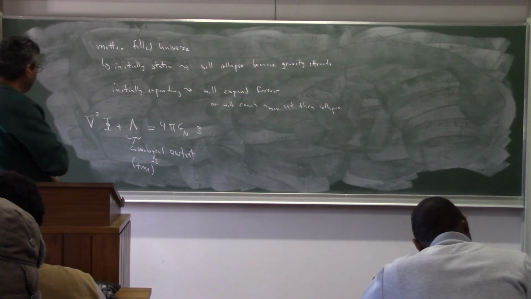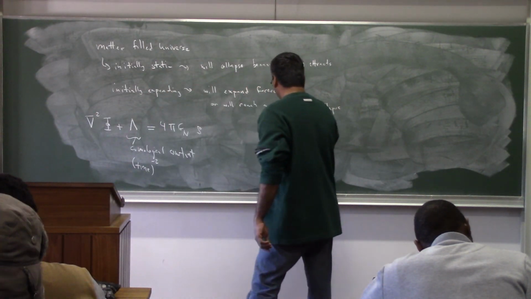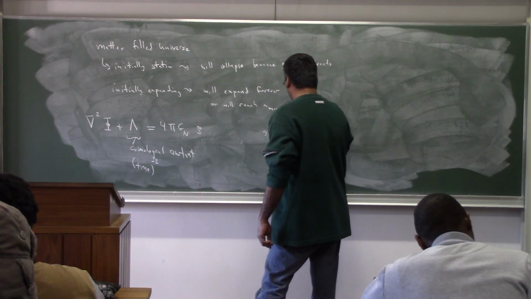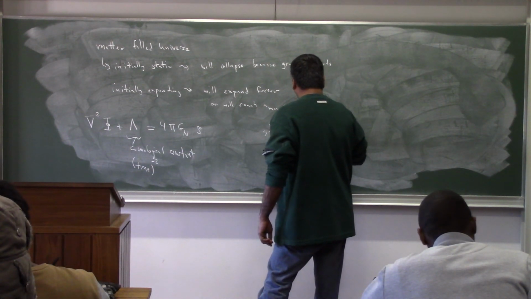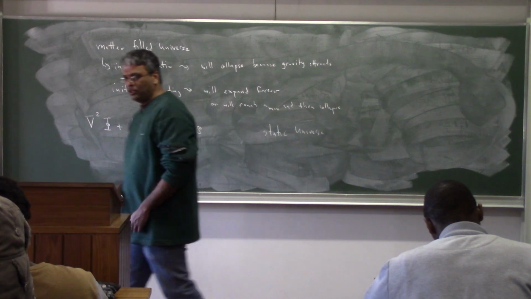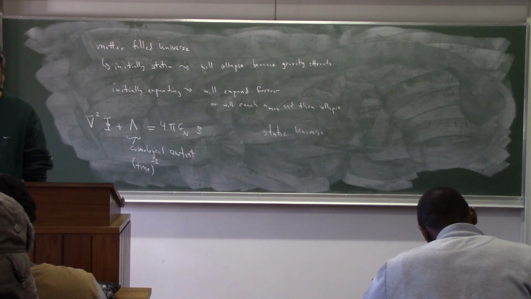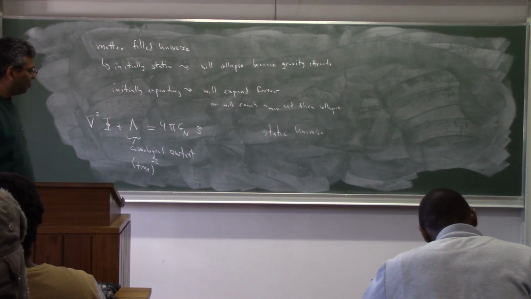So we have a static universe if we can use lambda to exactly balance the role that matter is playing.